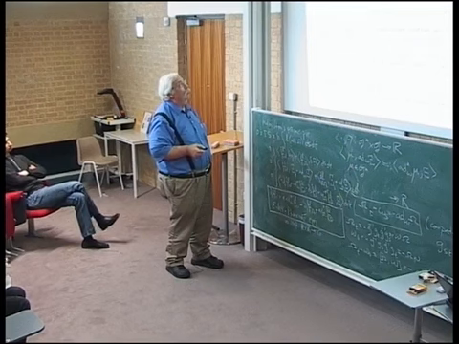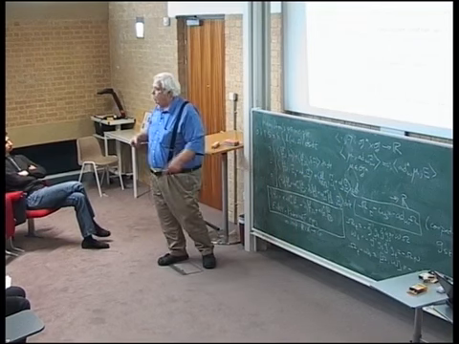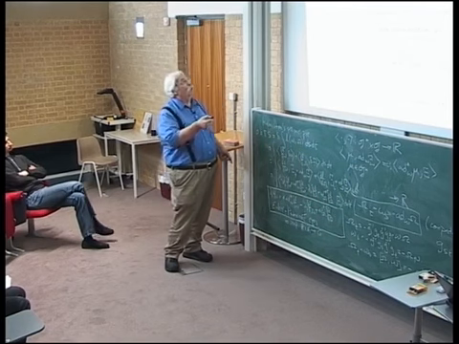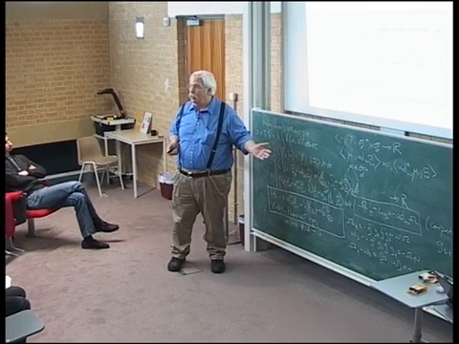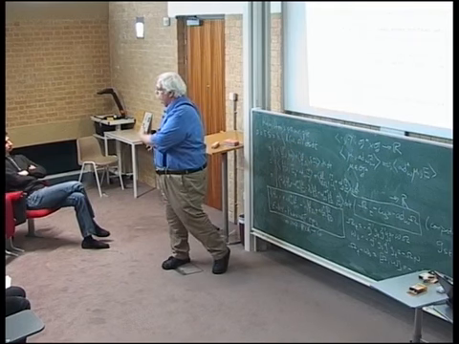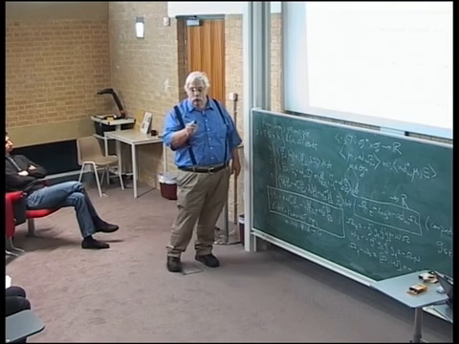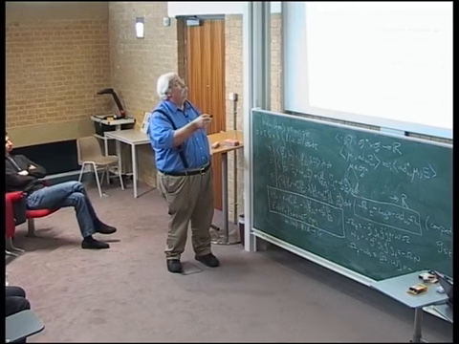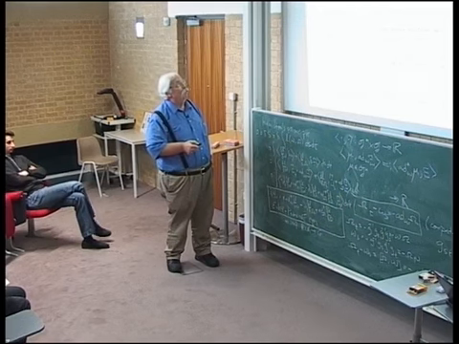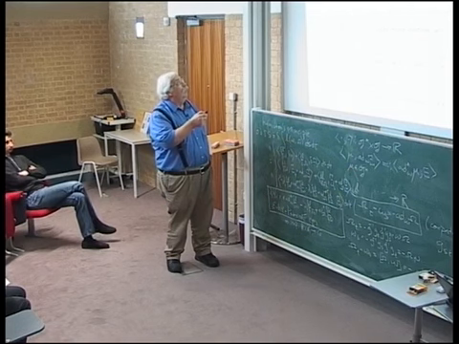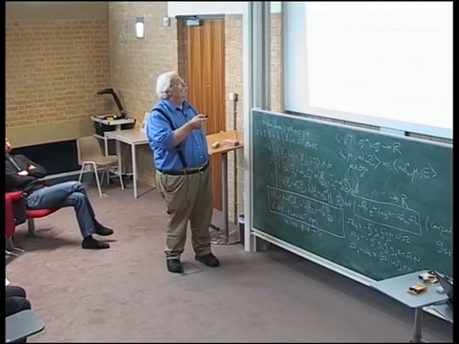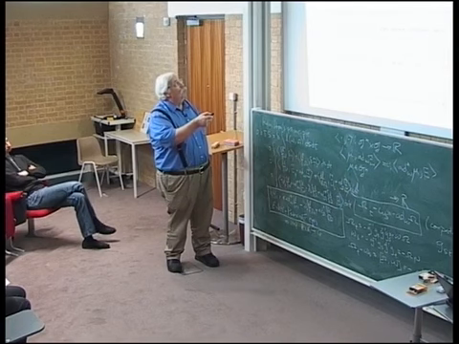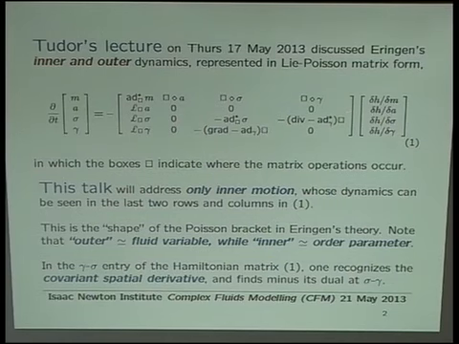And if we couple it back to the fluid, so that motion of the order parameters can cause motion of the fluid, and motion of the fluid can pull the order parameters around in the flow, then it's a complex fluid, and you have to add these other parts of the Poisson matrix and get equations for the outer variables, whereas if we don't have any flow, we can ignore the outer part of the Poisson matrix and just look at the inner part. And so that's what Tudor was talking about.